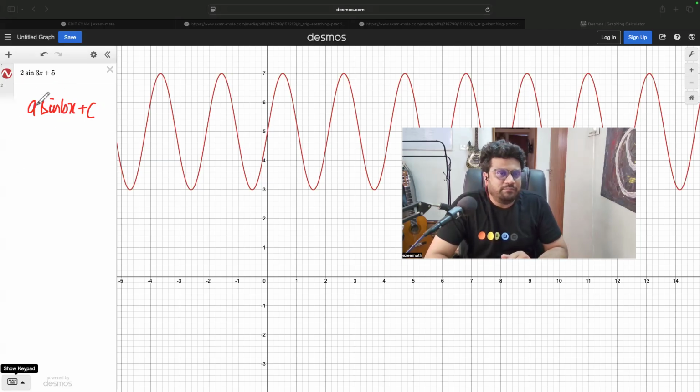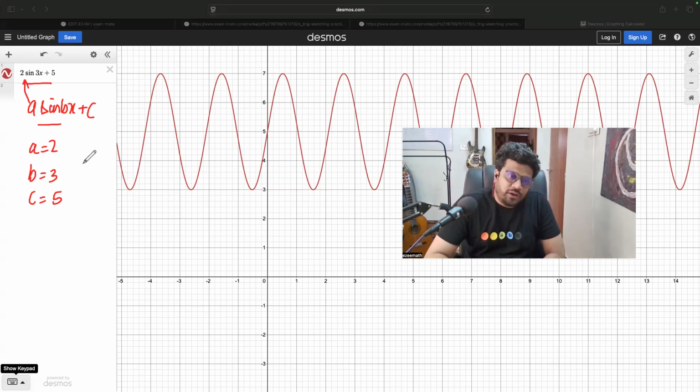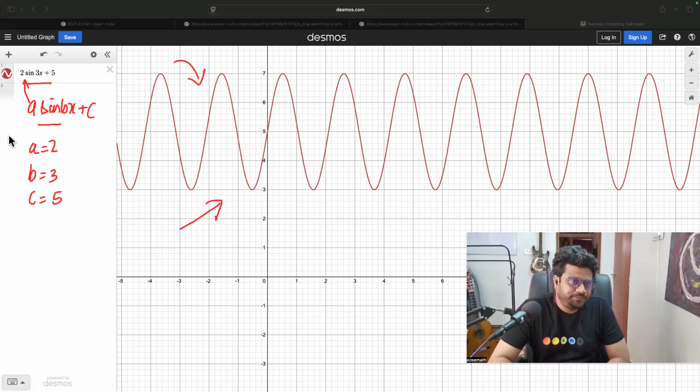By simple comparison, I can see A is 2, B is 3, and C is 5 here. Also, I've asked Desmos to sketch it for me, and that's the sketch Desmos has drawn for us.